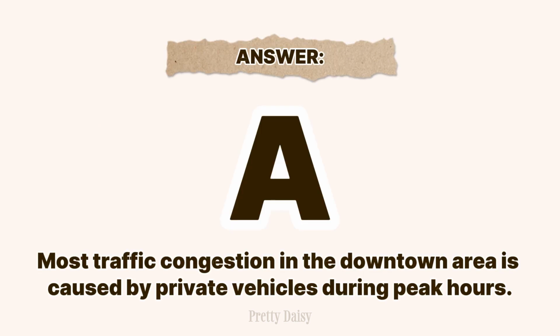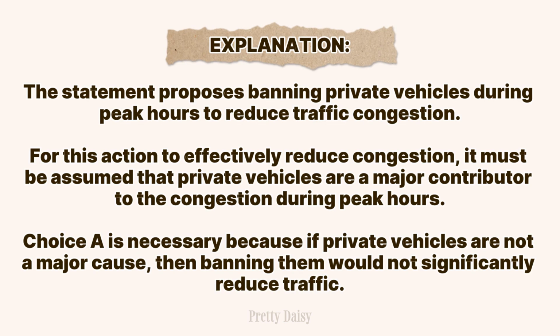Answer: A. Most traffic congestion in the downtown area is caused by private vehicles during peak hours. The statement proposes banning private vehicles during peak hours to reduce traffic congestion. For this action to effectively reduce congestion, it must be assumed that private vehicles are a major contributor to the congestion during peak hours.